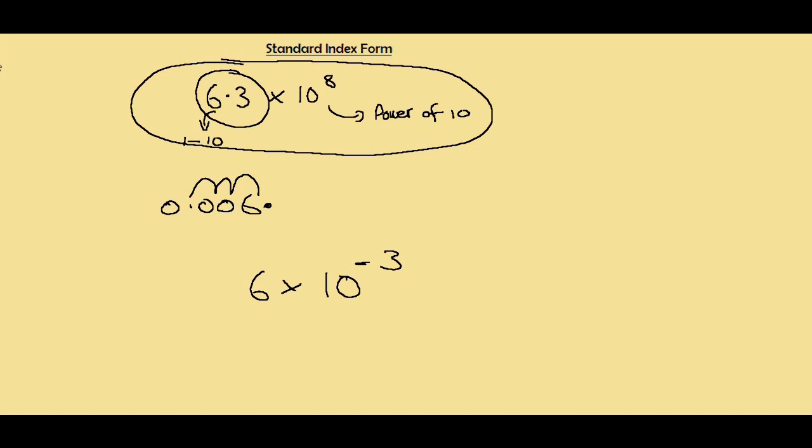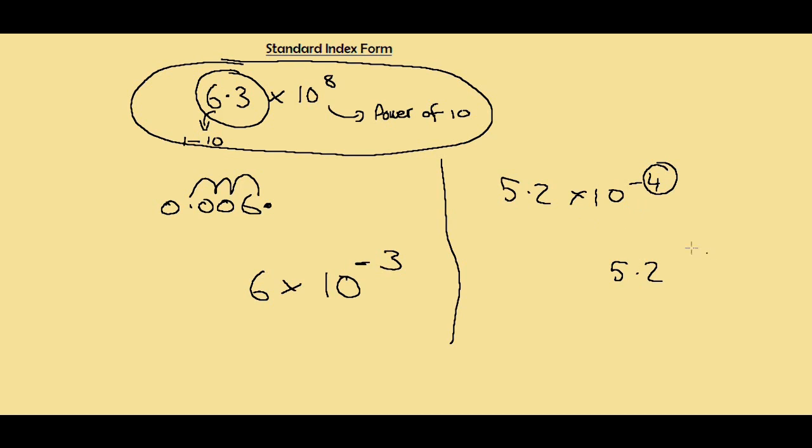so let's have a look at another example. We'll do the other way around this time. So 5.2 times 10 to the power -4. So a standard index form number, and what we want to do is convert it into a normal number. So we start with a 5.2, and we're going to move it 4 spaces.